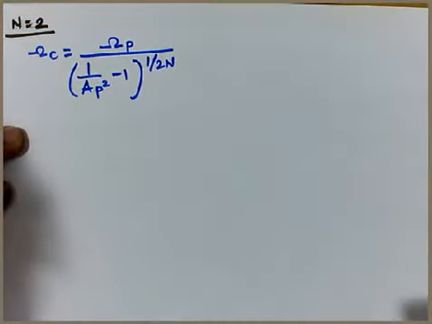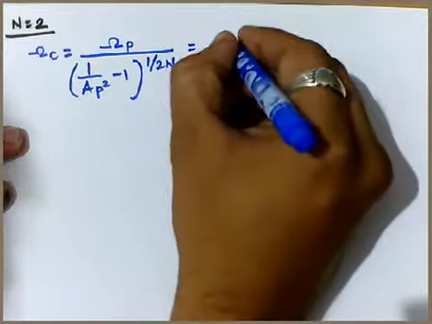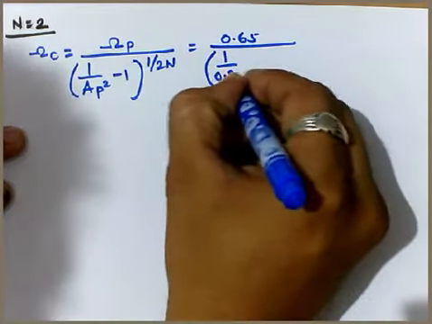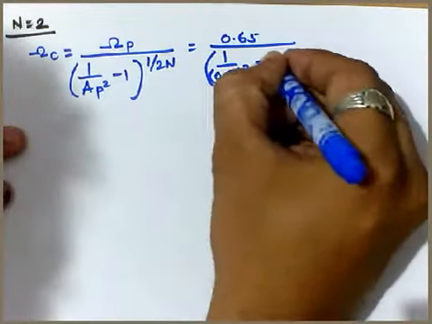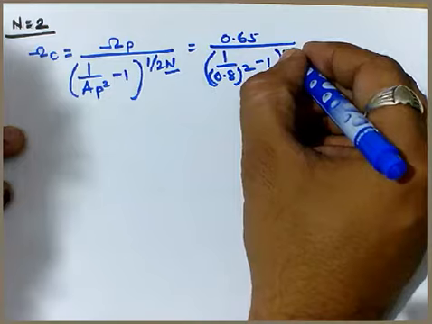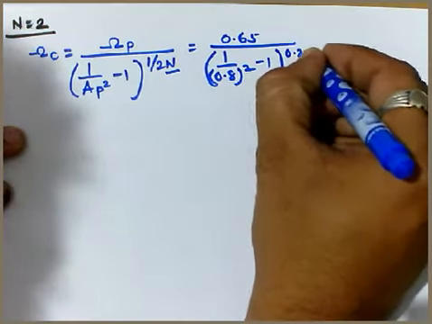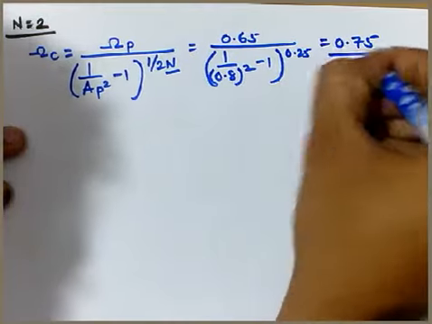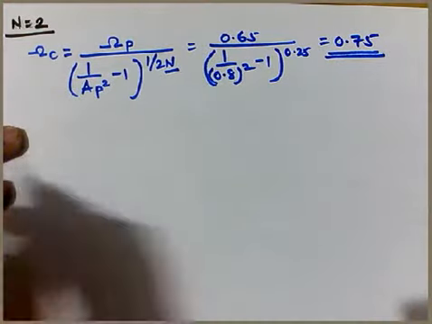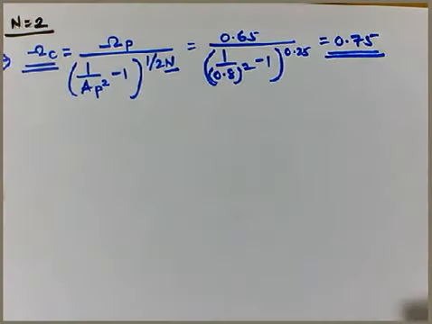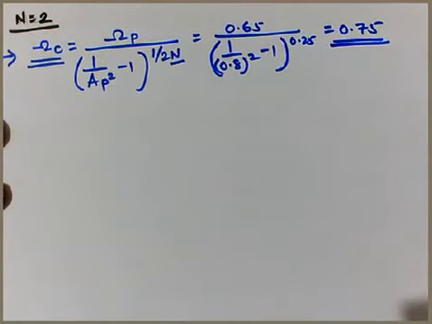So Ωp is 0.65 divided by (1 upon 0.8 square minus 1) raised to 1 by 2N. 2 into 2 is 4, so 1 by 4 means 0.25. So this will give ultimately 0.75. So by solving, we are getting the value of ΩC as 0.75. This is what the third stage we can say.